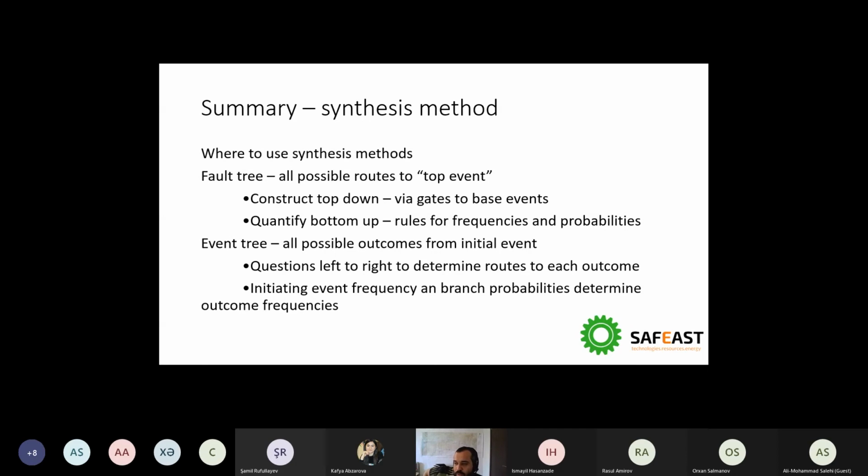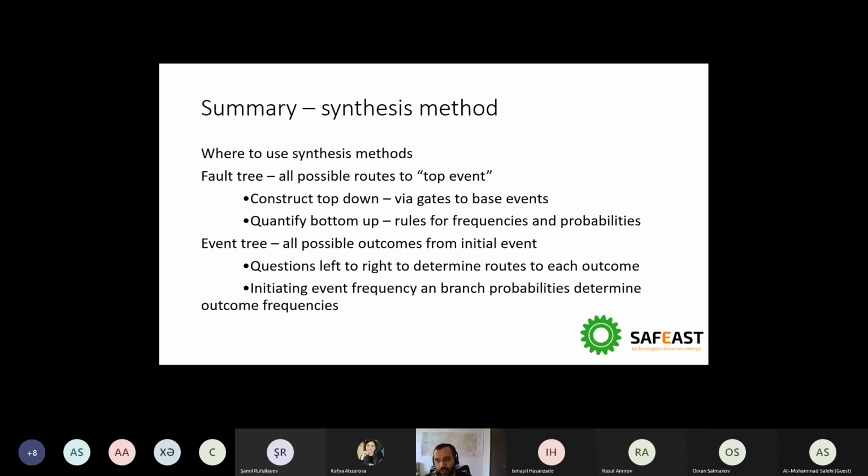And in terms of the event tree, it covers all possible outcomes from the initial event, and you ask a series of questions from left to right to determine the route, and basically combine the initiating event frequency at any branch with the probability or frequency, to determine the outcome frequency.